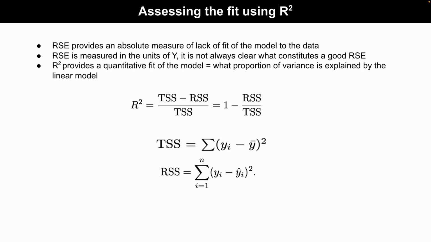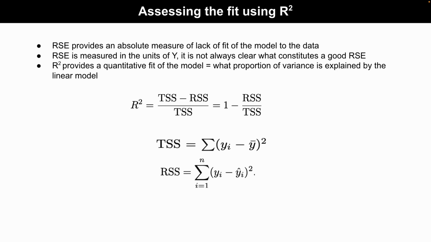The TSS is simply how much your value deviates from the mean value. RSS is how much the observed value deviates from the predicted value, and this is a measure of how close or how different these are. If you simplify this, it boils down to 1 minus RSS by TSS.